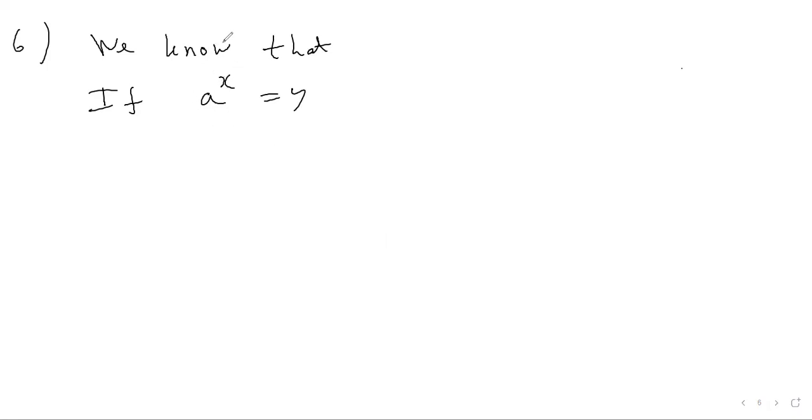So we know that if a to the power of x equals y, then that means that x is equal to log base a of y, just using our definition of logarithms. So what I'm going to do now is rewrite this a.